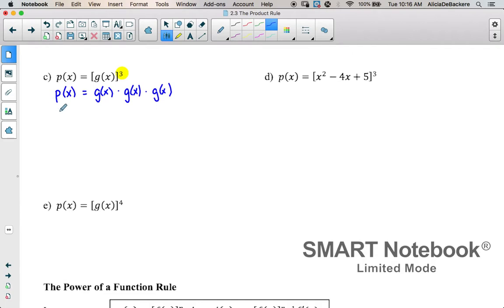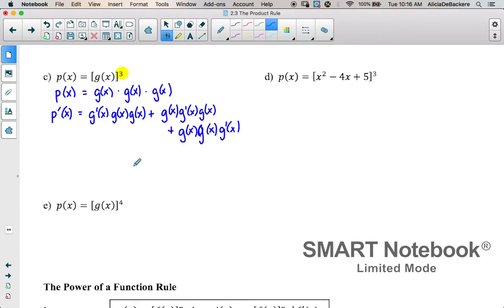Remember that the extended product rule told me that the derivative is just going to be take the derivative of the first thing, multiply it by the other 2, plus leave the first one alone this time, take the derivative of the second thing, leave the third alone, plus, I'm going to have to go down a line, I'm running out of space. This time we're going to leave the first 2 alone, and take the derivative of the third thing. But really, all 3 of these are the same.